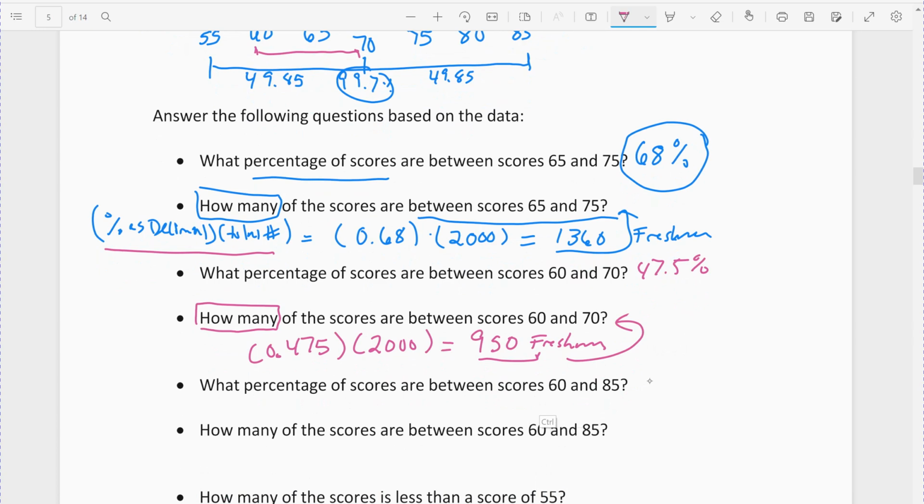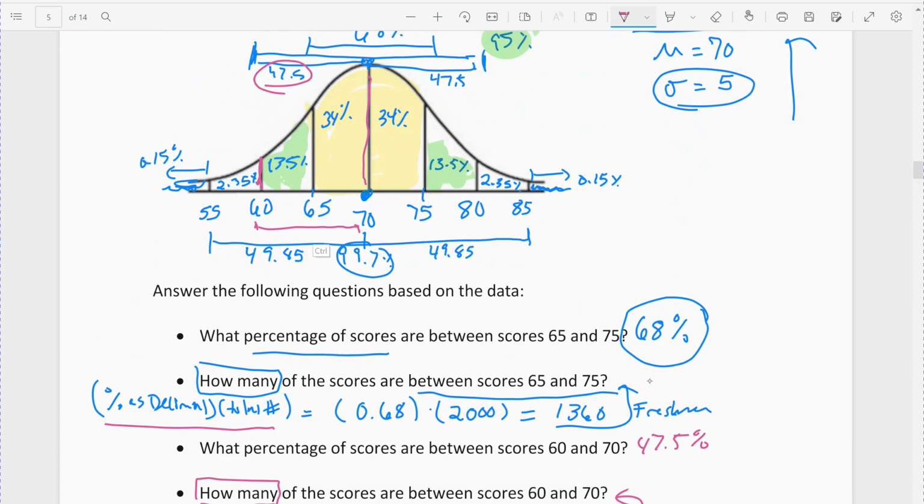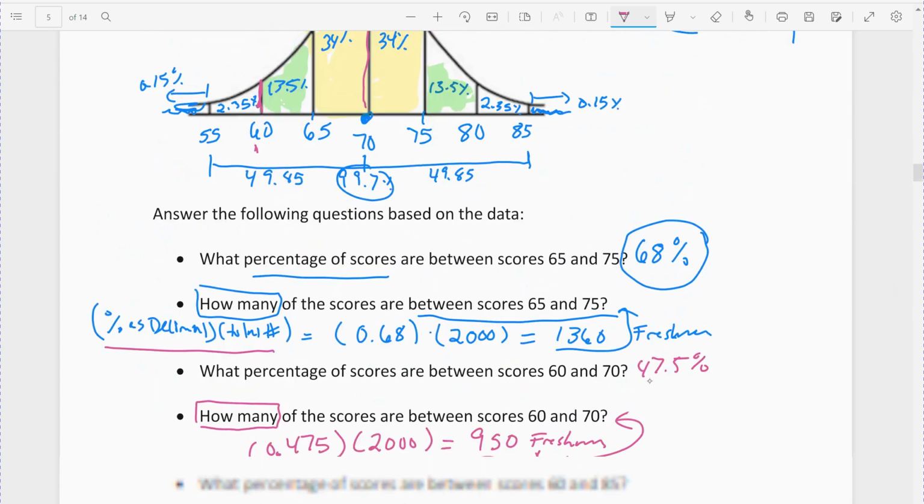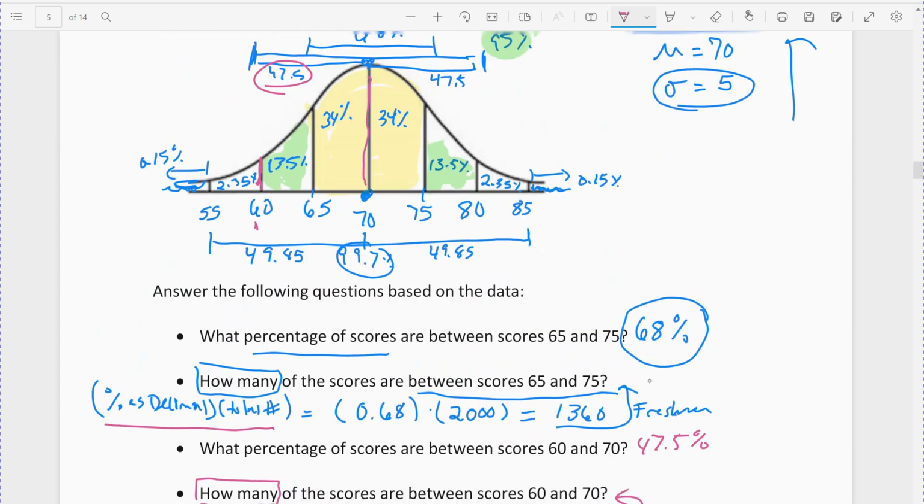What percentage of students scored between a 60 and an 85? I'm going to go up to my picture and look at where the range is. 60 starts here, and 85 would go all the way over here. So this should be almost all of them.